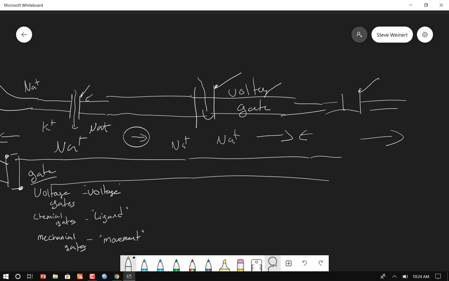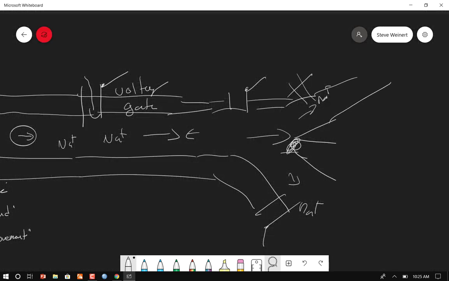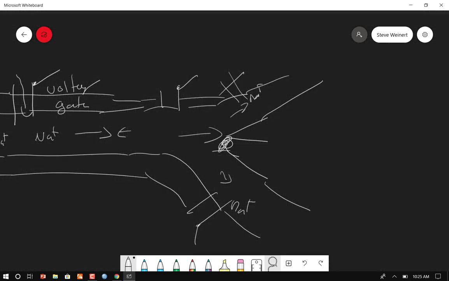If the axon branches, and now there's two sprouts, each of them with sodium channels on it, what happens at each one of the branches? Sodium comes in on each one of the branches. And as I keep going down the pipe, if this one branches and I put some sodium channels on here, what is sent down each of the branches?